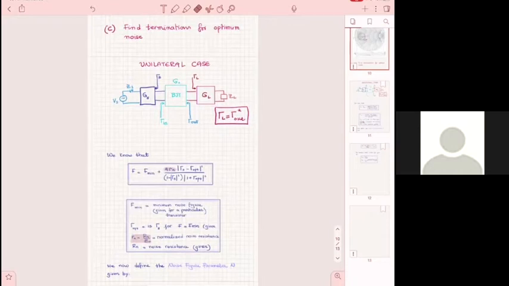Optimum noise means minimum noise. So we found the output termination. We just talked about it. The only thing I want to find now is this, and I want to find it so my noise is minimum.